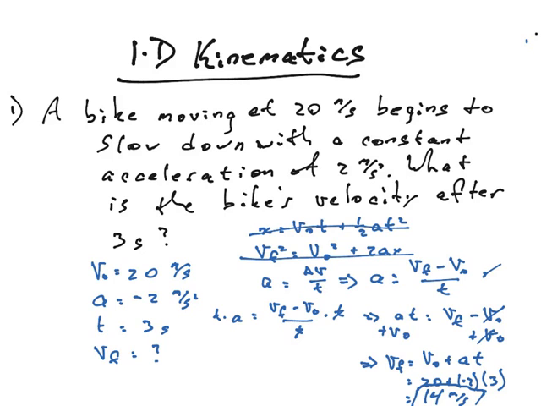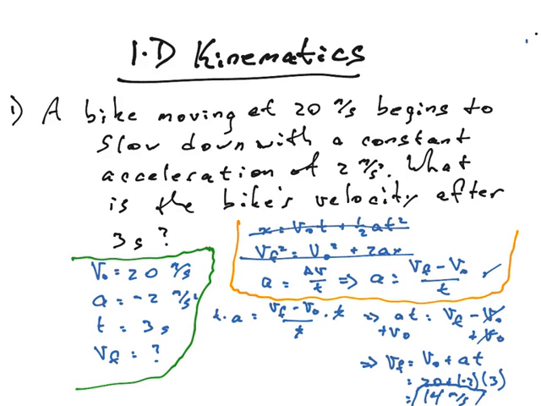First step, this stuff on the left side, write down everything you know and what you're given, and what you're looking for, I should say. The next step, write down your equations. Then use those two pieces of information to figure out which equation you should use, and then you do the math to solve the equation.